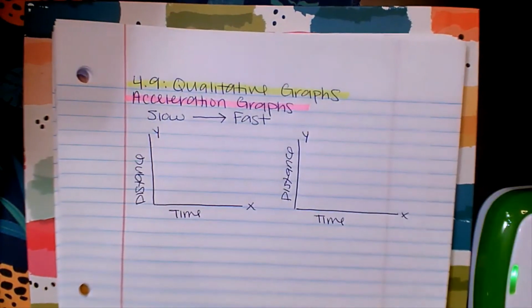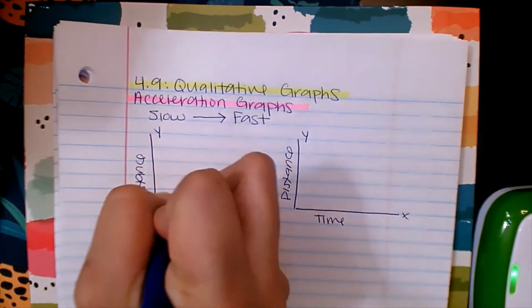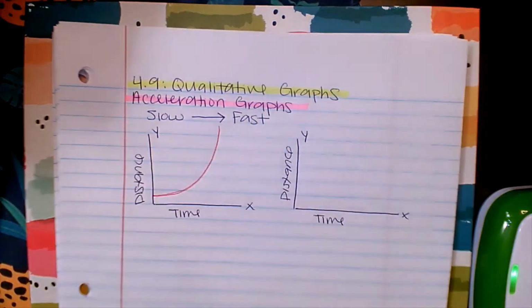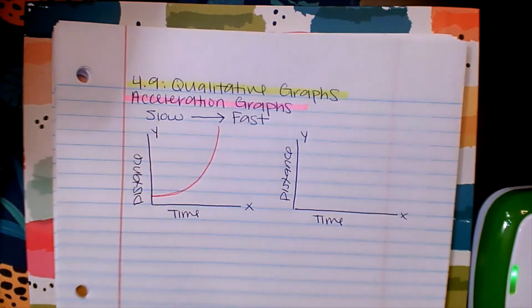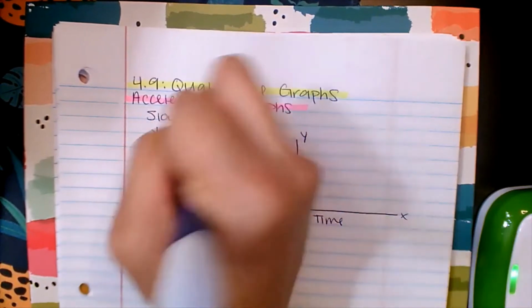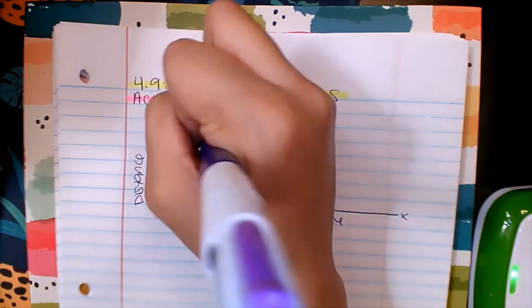Okay. So when we have our acceleration graphs, we're not going to have a straight line like we're usually used to. We're going to have something that does this, kind of like a roller coaster, where in our roller coaster, we're going to start off slow, and then we're going to increase the speed faster.